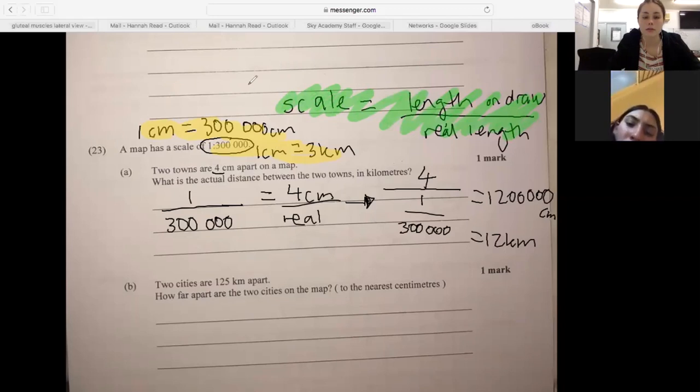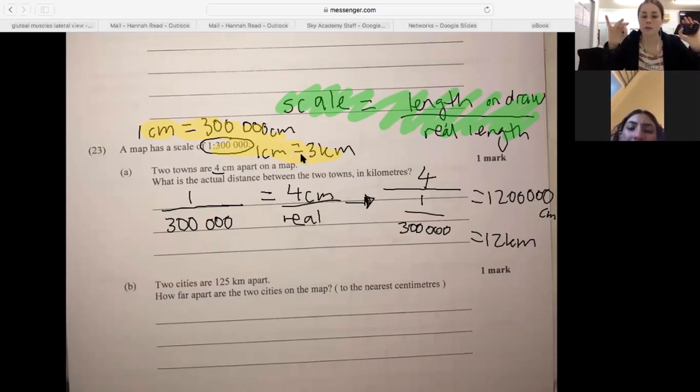Or you can just do it logically in your head. If 1 centimeter equals 300,000 centimeters, 1 centimeter equals 3 kilometers. If they're 4 centimeters apart, I've got to times it by 3 kilometers. So 4 times 3 is 12 kilometers. I don't know which way is easier for you. Would it be the green or the yellow?